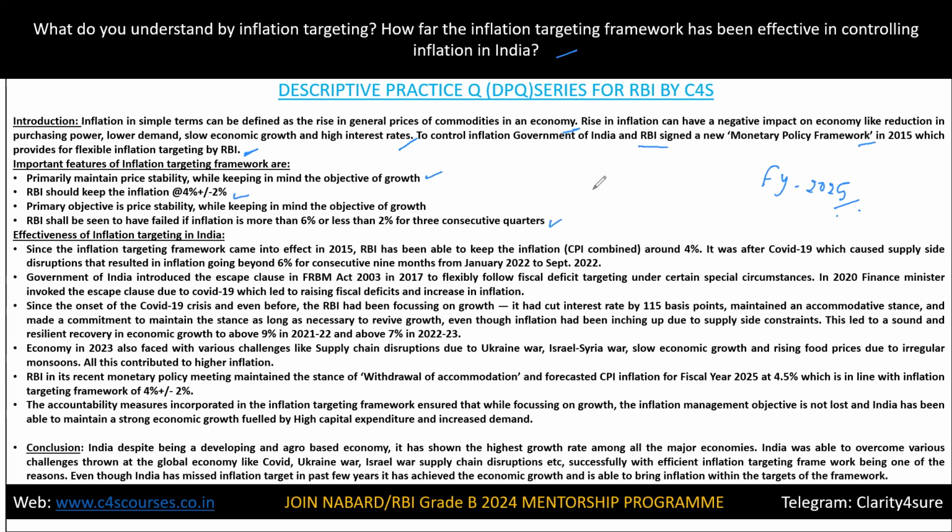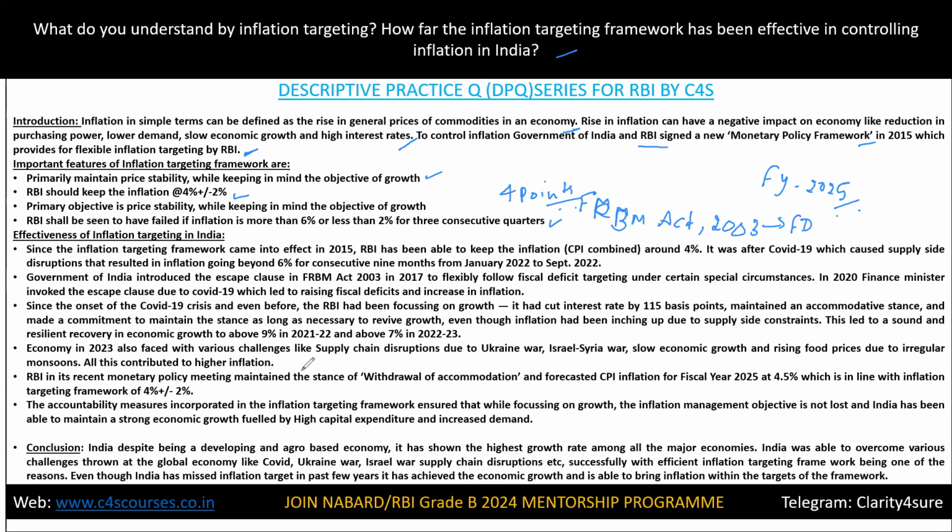Students, you can add a few points from the FRBM Act, Fiscal Responsibility and Budget Management Act, 2003. You can put a few things from fiscal deficit targets in the objectives itself. It is a vast topic, so you can add any 4 points from this. Clear?